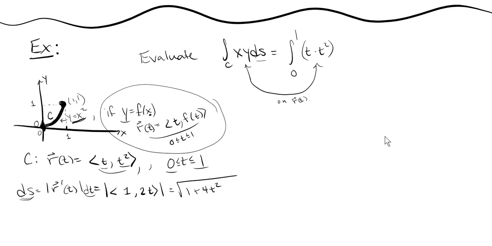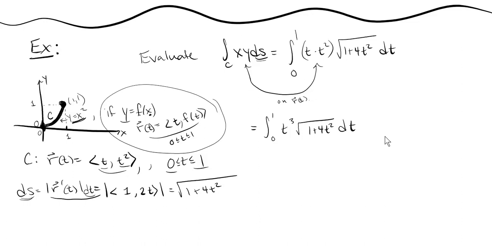The ds is just the magnitude of r prime of t dt, which is the root of 1 plus 4t squared dt. So we're actually just trying to evaluate the integral from 0 to 1 of t cubed times the root of 1 plus 4t squared.